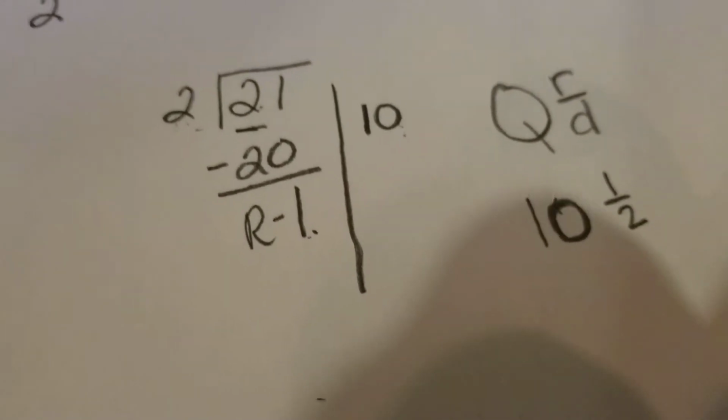Let's do one more, an even larger number. 34 divided by 3, or 34 thirds. Clearly improper because the numerator is greater. So it would be 34 divided by 3.